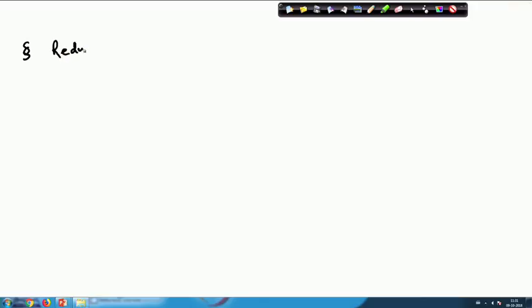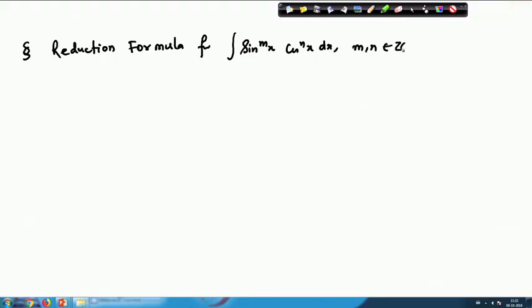So as I was saying, a reduction formula for the integral of sin mx cos to the power n x dx, where m and n are both positive integers.